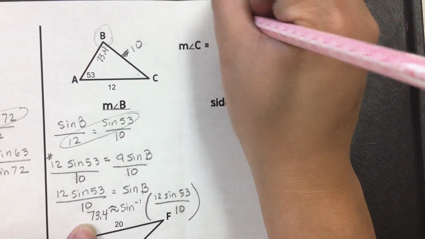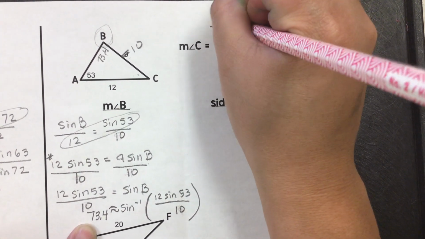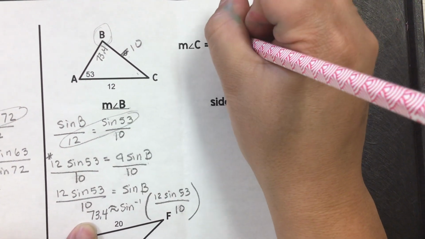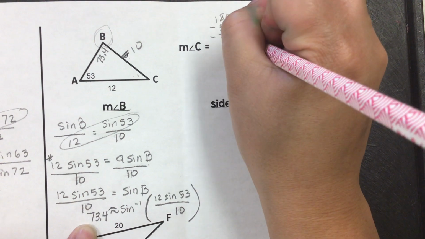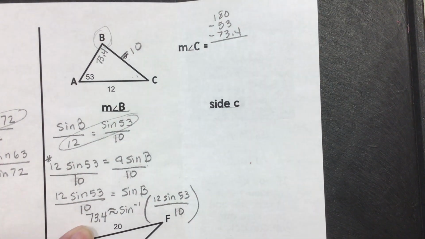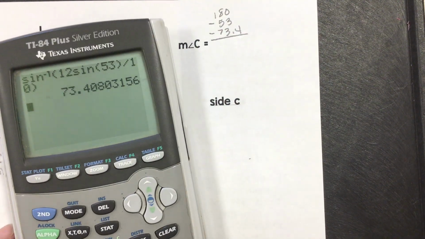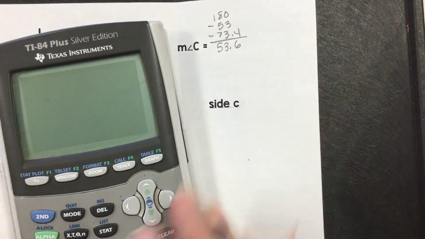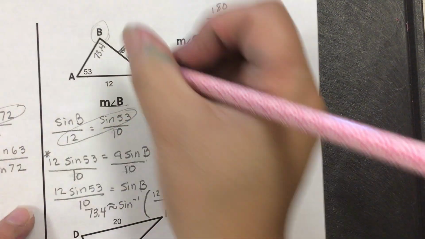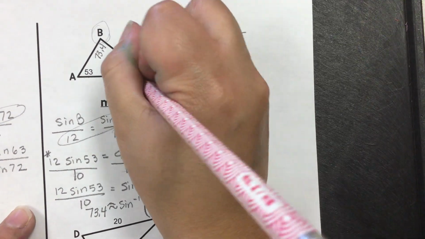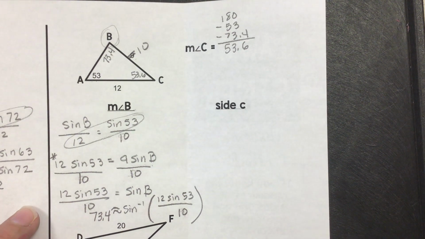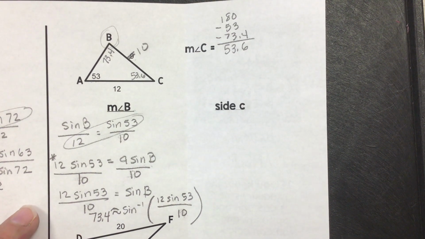So 180 minus 53 minus 73.4. 53.6 is the measure of angle C. Why does that matter?